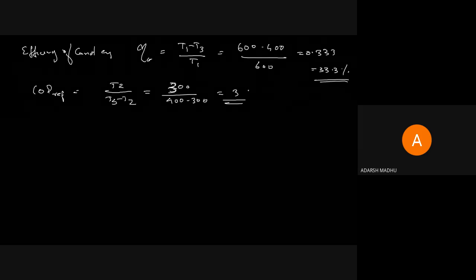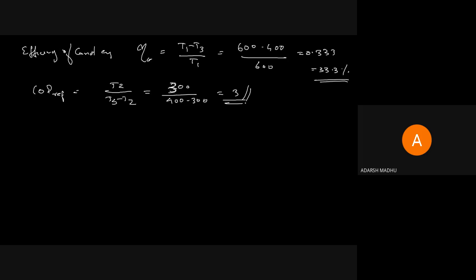Coefficient of performance is 3 and efficiency is 33.3% or 0.33. So that is the method to find the value of that particular equation.